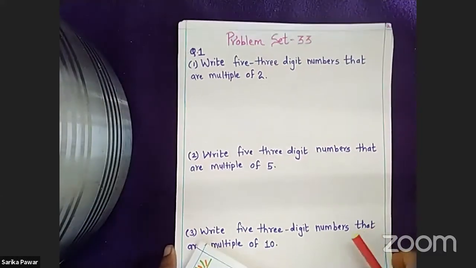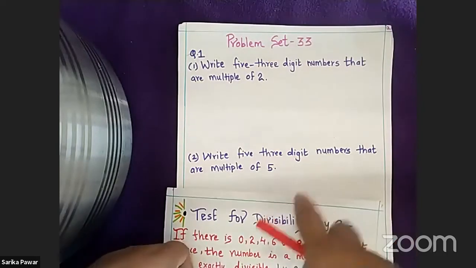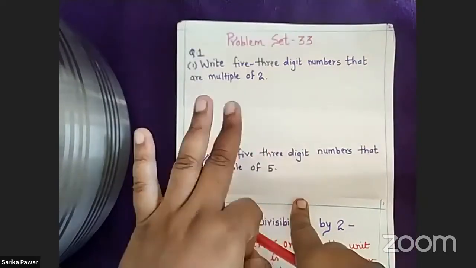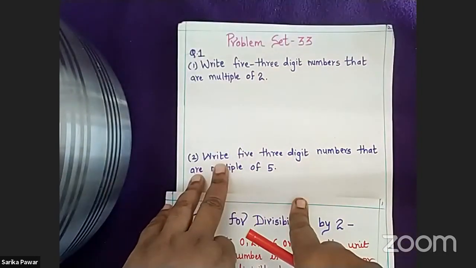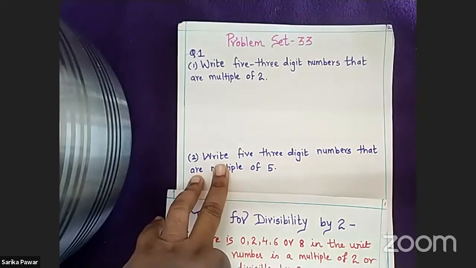So who will tell me the answer? It should be 3-digit. Who is raising hand? Ankita Chaurasia and Sara Adil Sheikh. Answer me.